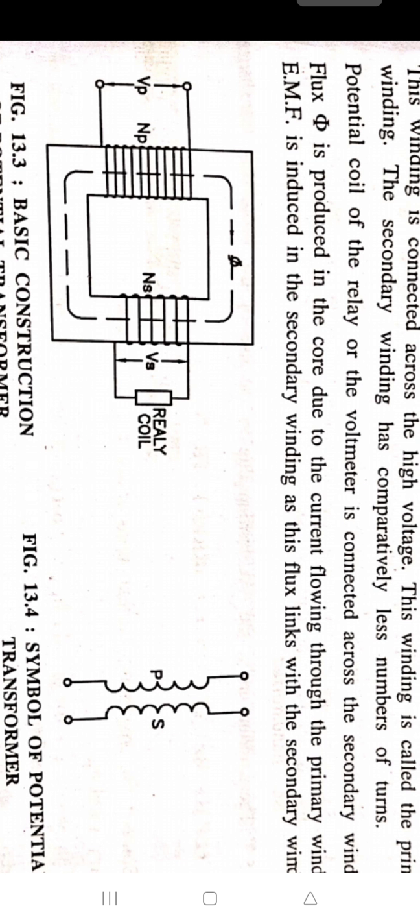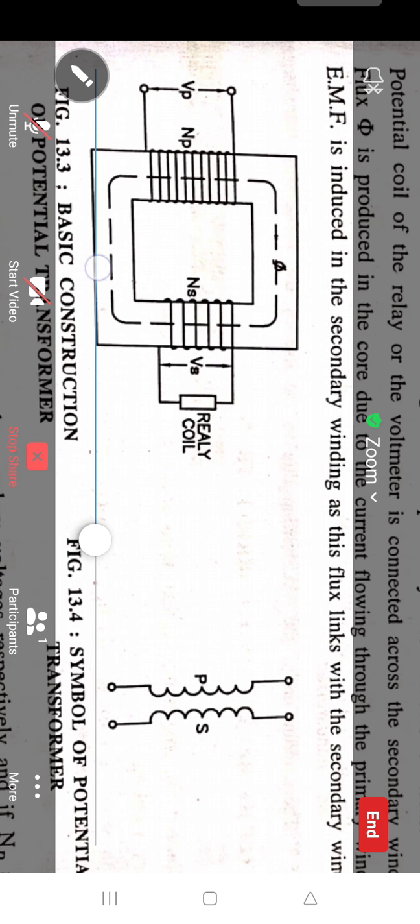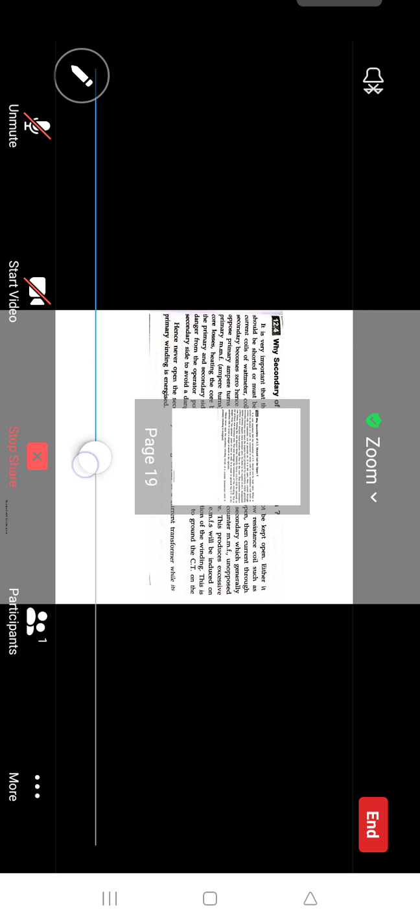Flux phi is produced in the core due to the current flowing through the primary winding, and EMF is produced in the secondary winding as this flux links with the secondary winding. This is the basic phenomenon of the transformer, how voltage is induced in the secondary.